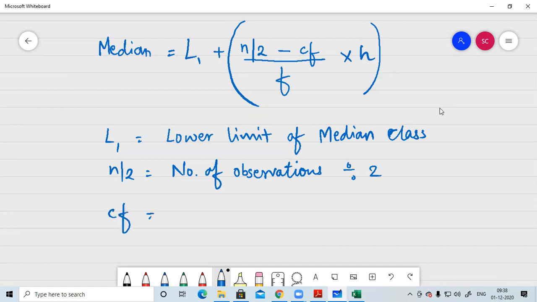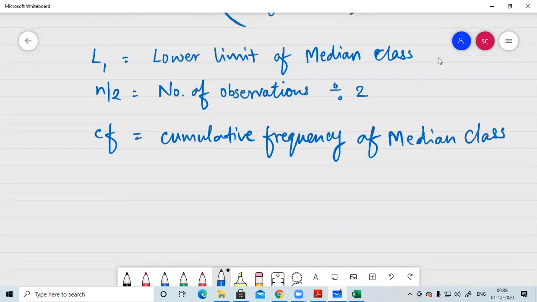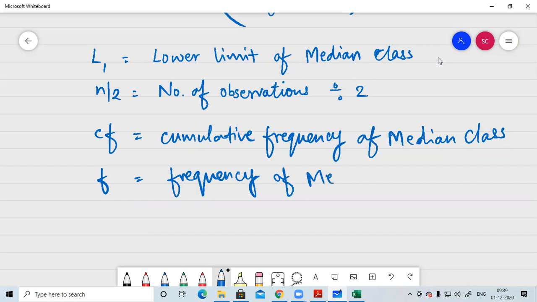CF stands for cumulative frequency of the median class. Next is f, which stands for frequency of the median class.